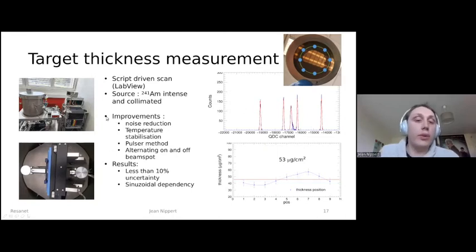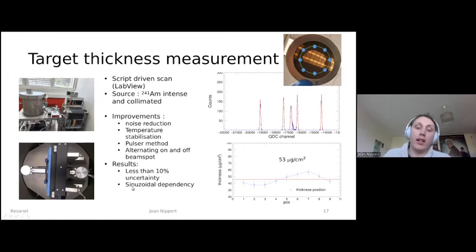So recently we added some improvements with noise reduction, temperature stabilization, and a pulser method to follow the evolution of the gain, and we also alternate on and off beam spot to verify that the measurement is consistent.